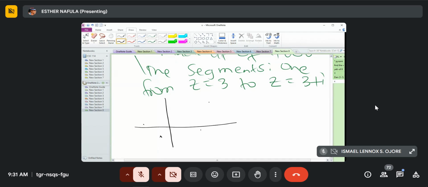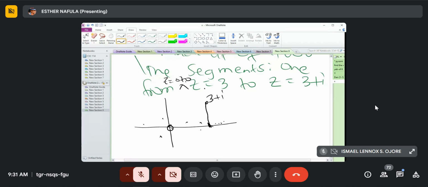Insert that missing information: from z is 0 to z is 3, this is the straight line. Then from z is 3 to 3 plus i, you are starting from 3 and moving a unit up. So this is 3 plus i.